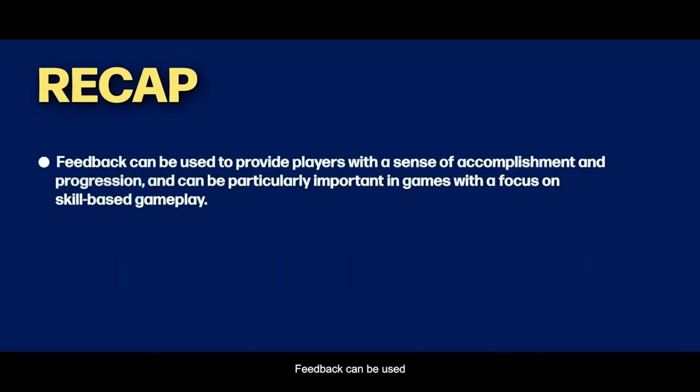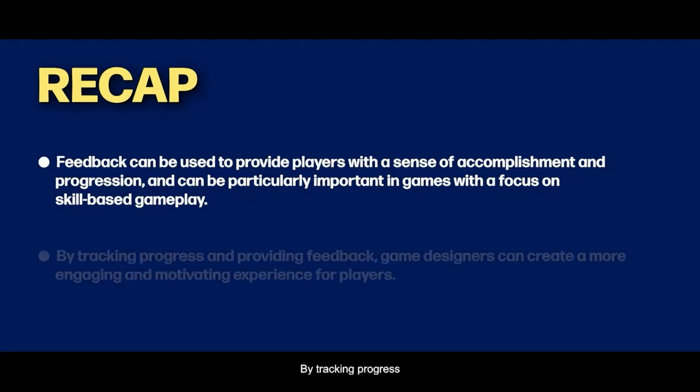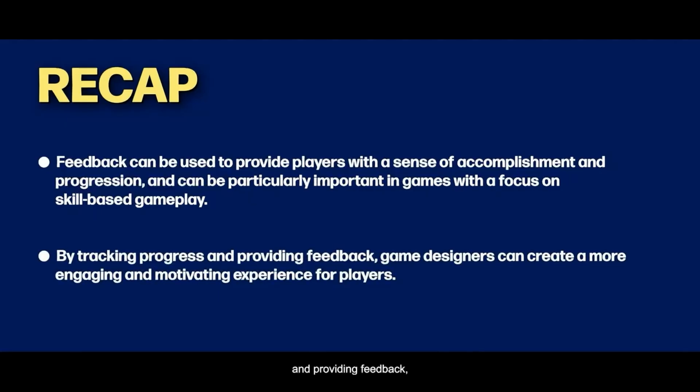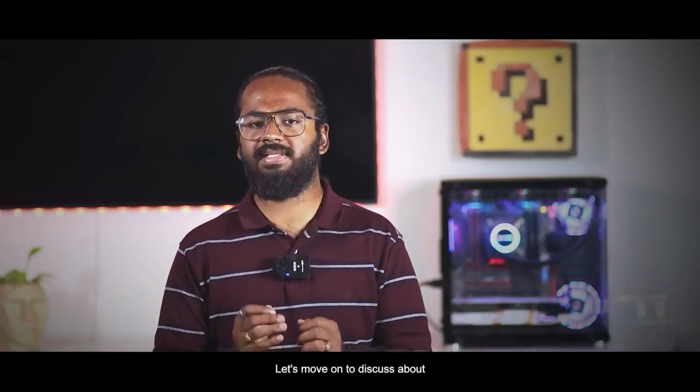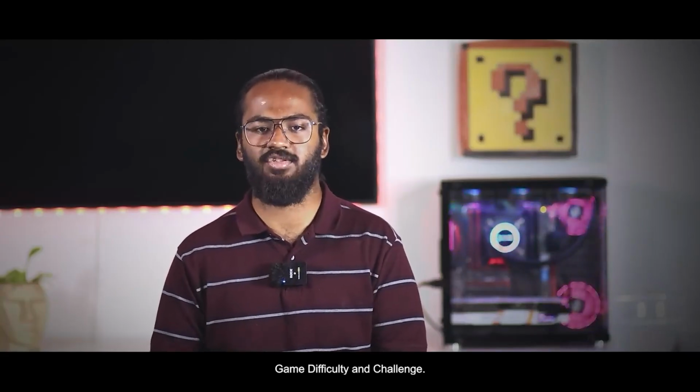Feedback can be used to provide players with a sense of accomplishment and progression and can be particularly important in games with a focus on skill-based gameplay. By tracking progress and providing feedback, game designers can create a more engaging and motivating experience for players. Let's move on to discuss game difficulty and challenge.